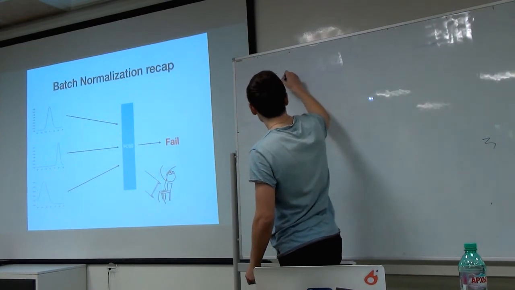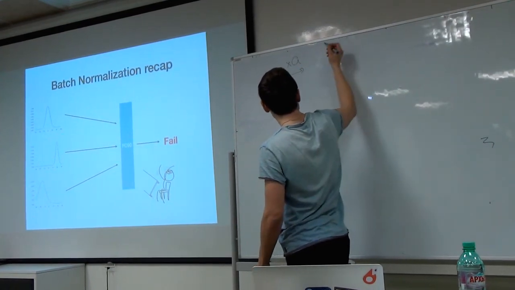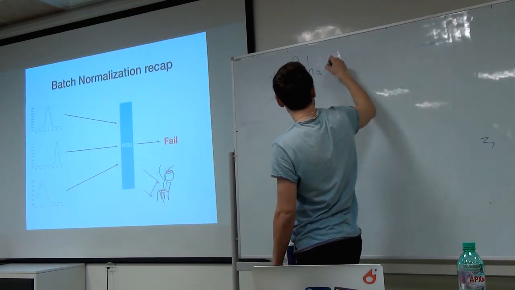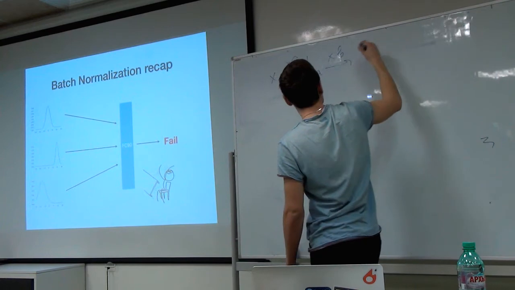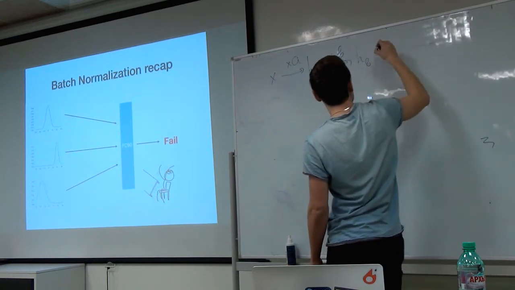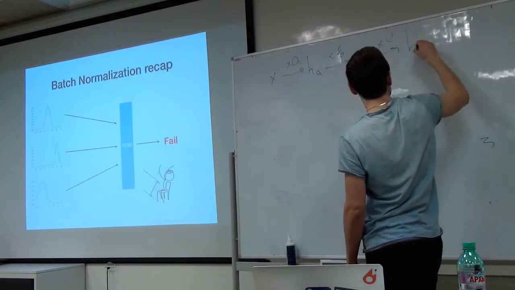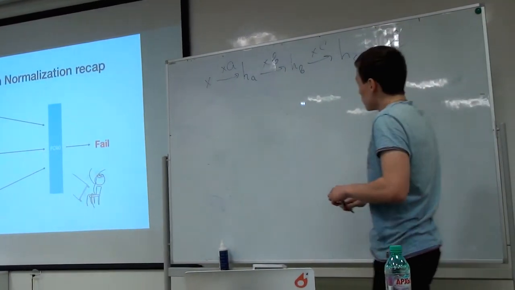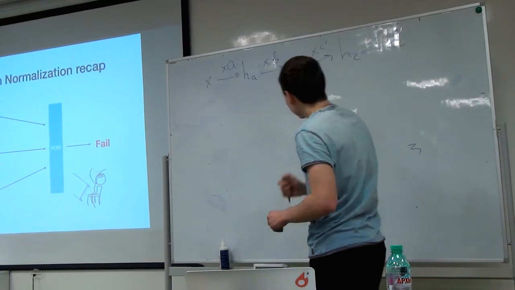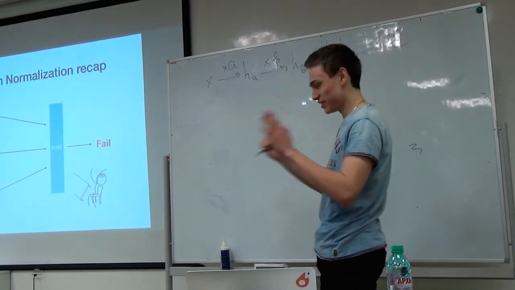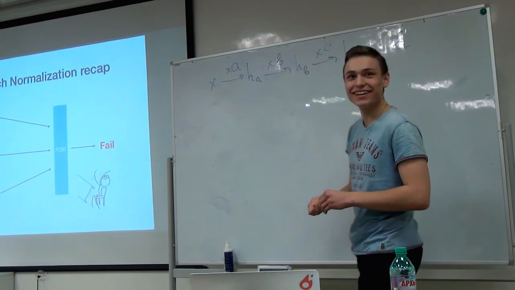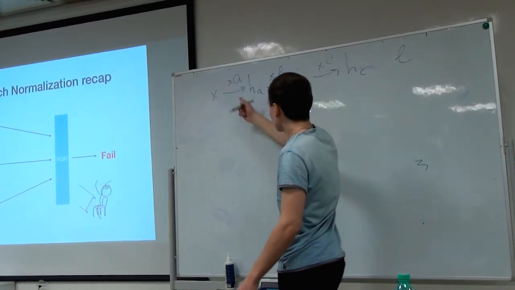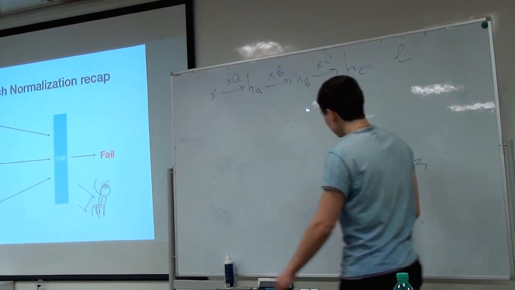We have x as an input, we multiply it by a, which gives us the first hidden representation h_a, multiplied by b, then c, and there is some loss function at the end. There are no nonlinearities. It's a simple linear neural network. Yes, we consider the one-dimensional case, so these are scalars.